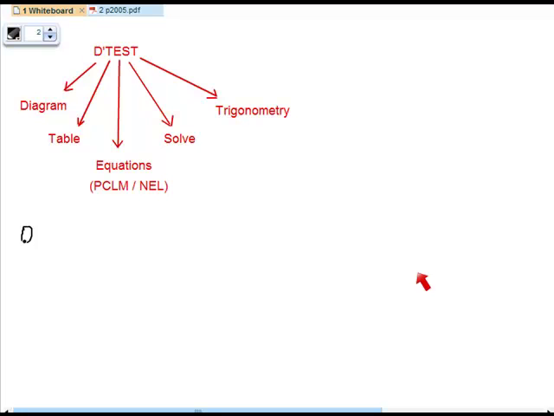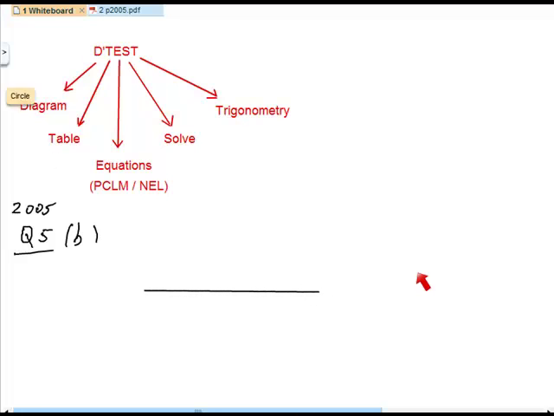So question 5, 2005, part B, we'll draw this line, and as I said, this line represents the line joining their two centres. Let's just dot those two centres, first one and the second one here.